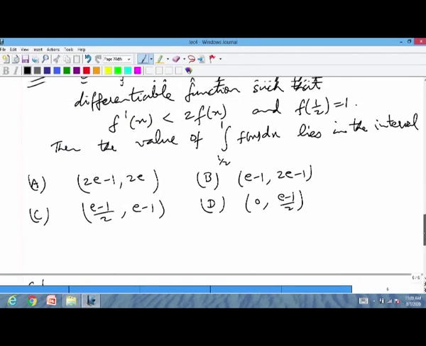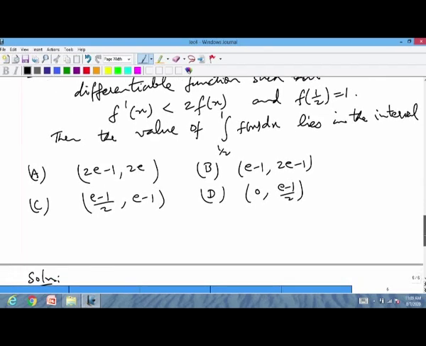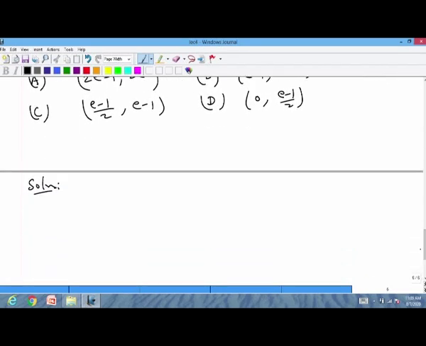So, what we are given is f prime x is less than 2 times f of x. This implies f prime x minus 2 f x is strictly less than 0.